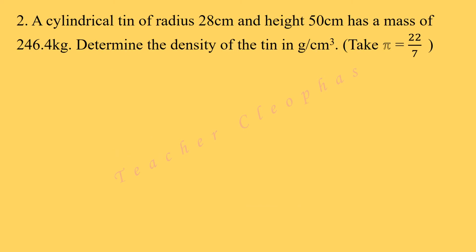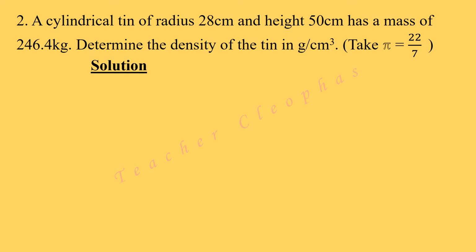Question 2. A cylindrical tin of radius 28 centimeters and height 50 centimeters has a mass of 246.4 kilograms. Determine the density of the tin in grams per cubic centimeter, taking pi to be 22/7.